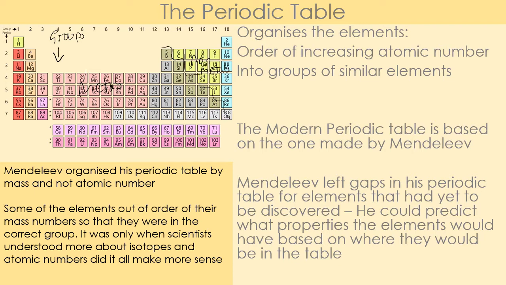It's all because we ended up discovering, about 50, 60 years later, isotopes and how they have different masses for the same element, and it caused a few problems. The masses we have on the table are the most common isotope, not the lightest one, as it were. But once we discovered that, it made a bit more sense and we understood it, so he was right to put things in certain places, even if he didn't understand why.